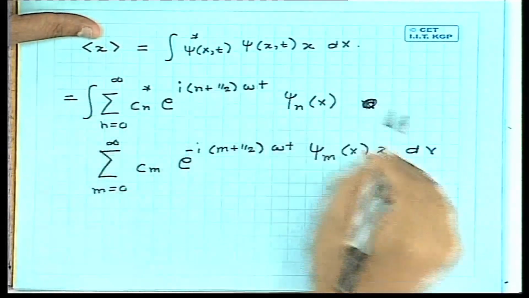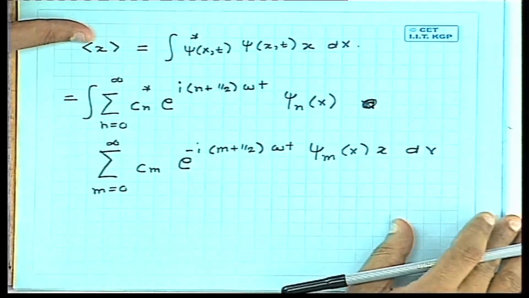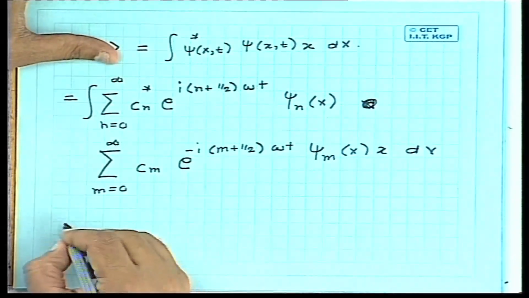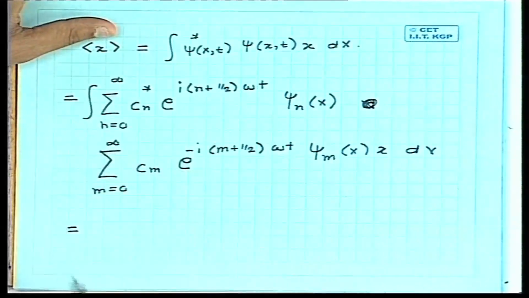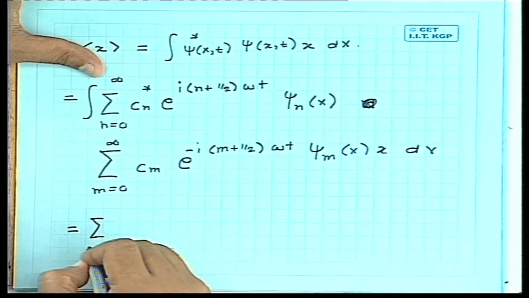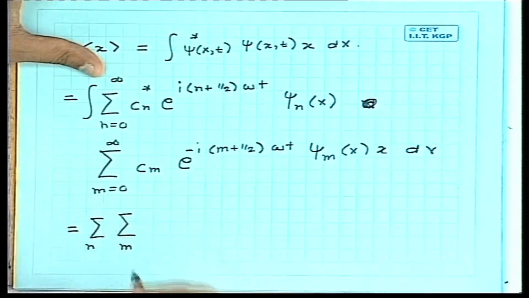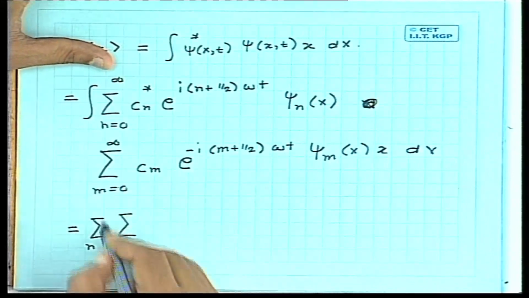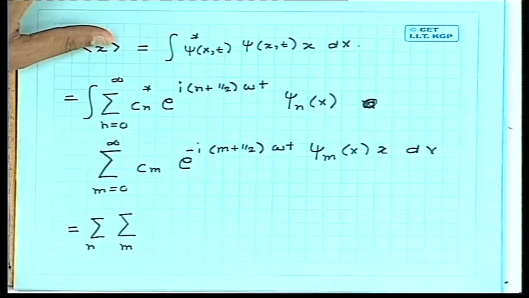So we have this big integral. Let us simplify this a little bit. Let us take out the factors which don't involve x, so they can be taken outside the integral. So we have two sums outside the integral, sum over n and sum over m. I will not write in the range, it all goes from 0 to infinity, and the integral is from minus infinity to infinity.